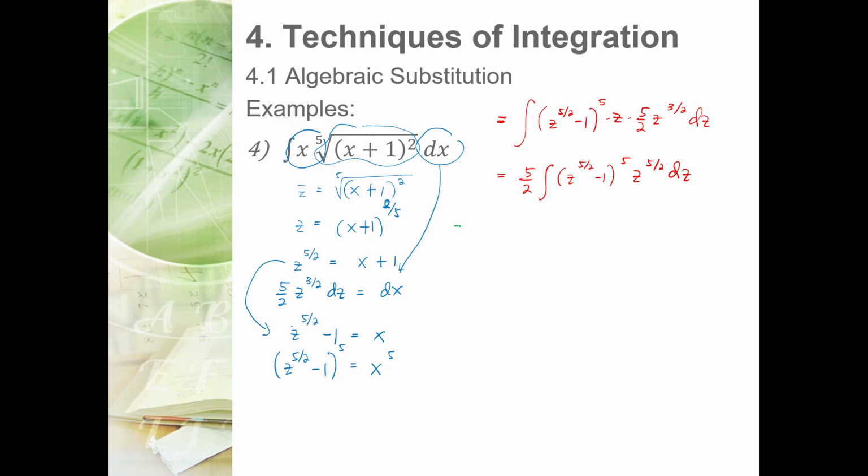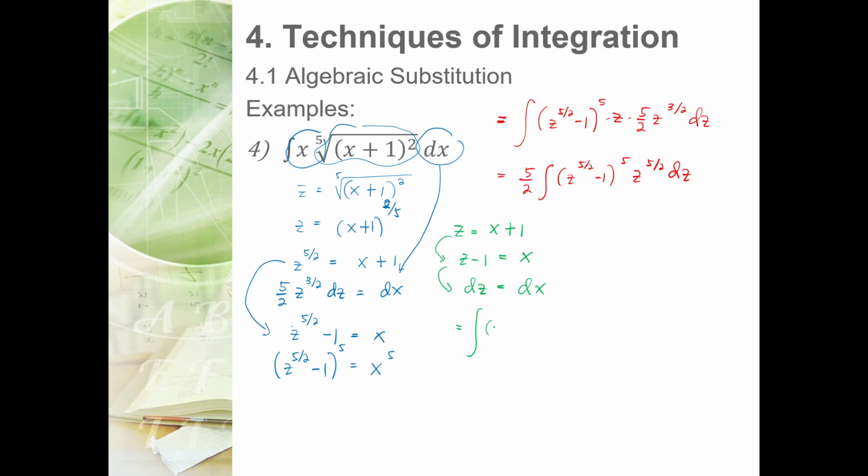So let's try letting z be x plus 1. Let's go very basic and just experiment. If we isolate x, then z minus 1 is equal to x. Then getting the derivative, dz is equal to dx. It seems possible, so let's try.